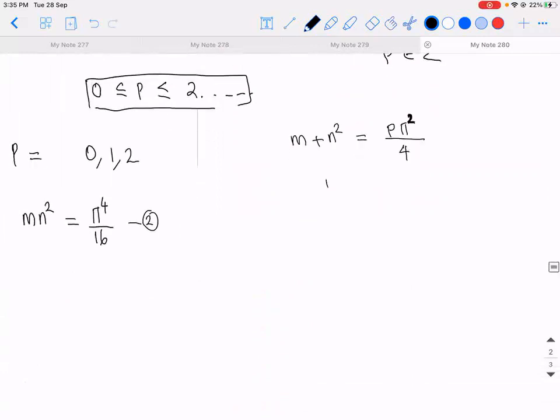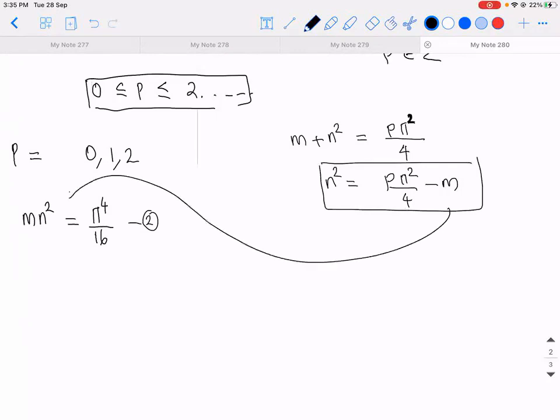So if you are making n square the subject, because I am going for solving simultaneous equations, what happens? p pi square over 4 minus m is the value of n square. So we are substituting this value instead of n square. What happens? m times (p pi square over 4 minus m) is equal to pi raised to 4 by 16.